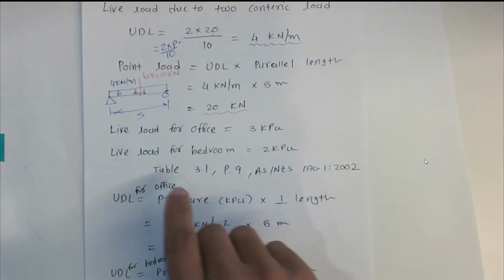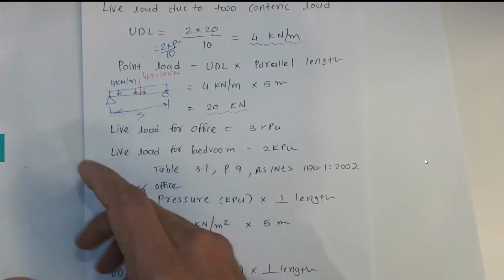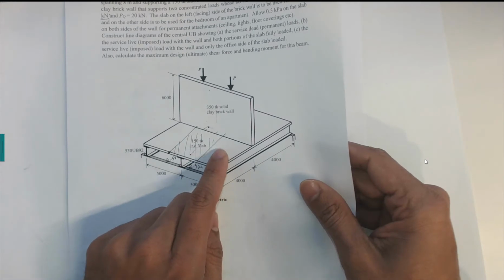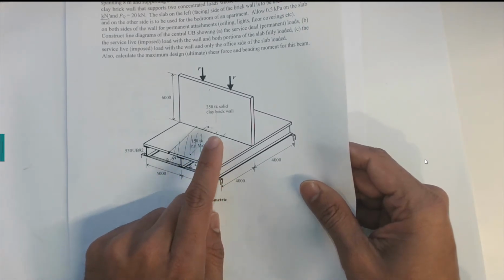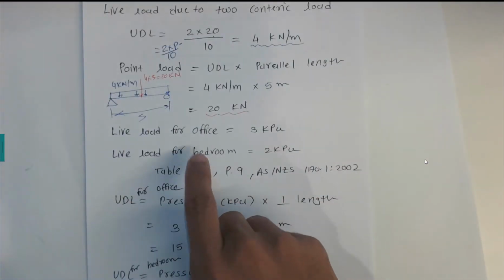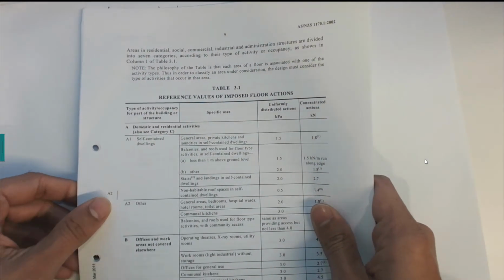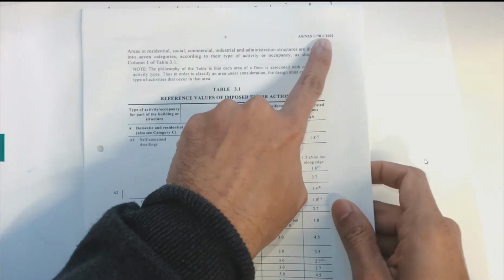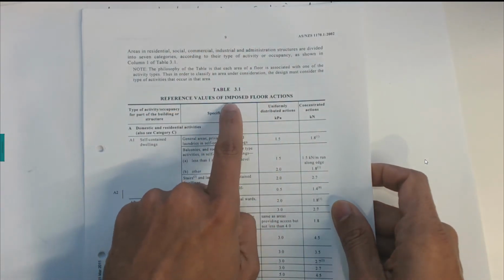In that case, we can find the live load for office. For example, this side is used for office, so how much live load is carried on the slab due to the office activity? In that case, we need to go to the Australian standards. I can open AS/NZS 1170.1, page number 9, Table 3.1.